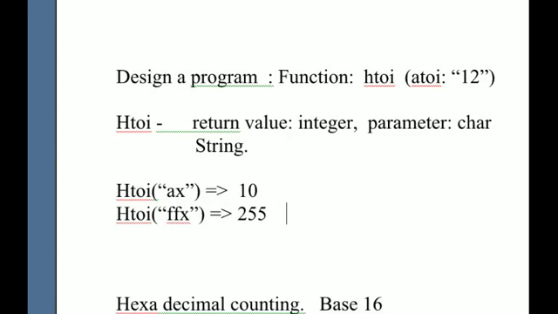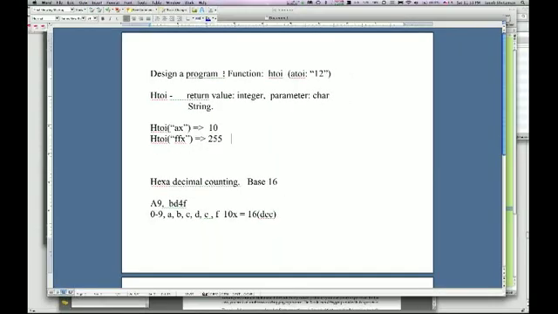So this is what we want to do with h to I, and since I'm running out of time for this session, I will continue in the next session, where we'll talk about the design of the function and we'll start writing it. So this is it for this particular one, and please see the next one if you want to continue with the subject.